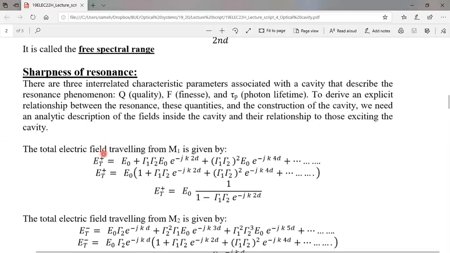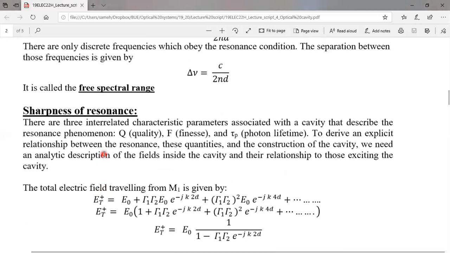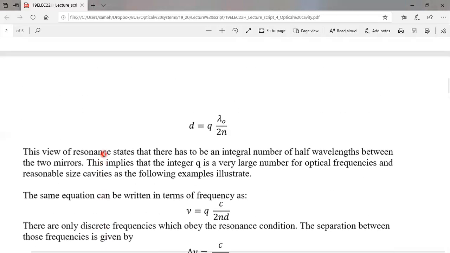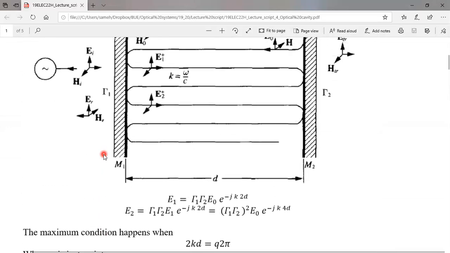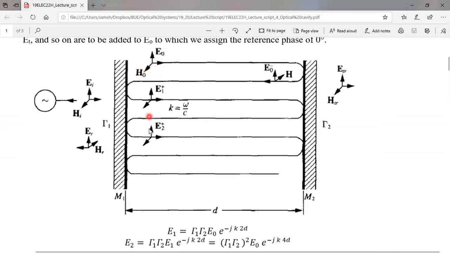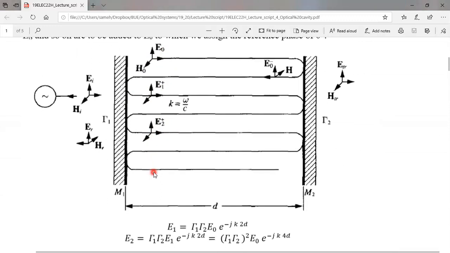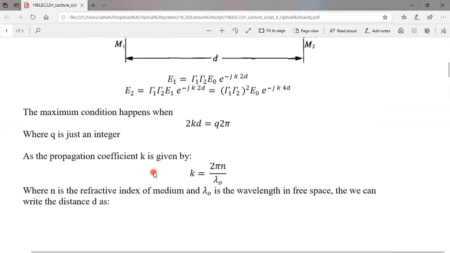So the total electrical field is simply the summation of all these electrical fields: the initial one, after the first trip, after the second trip, after the third trip, and so on. I'm just calculating now all the electrical field propagating in the cavity.